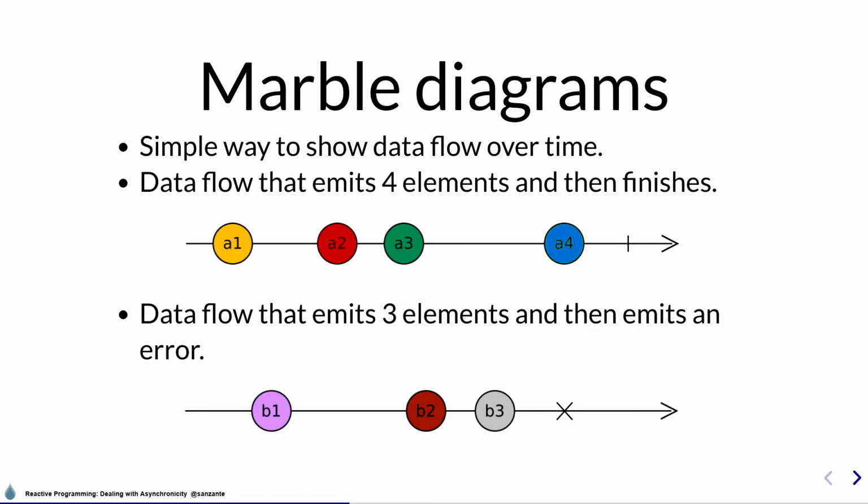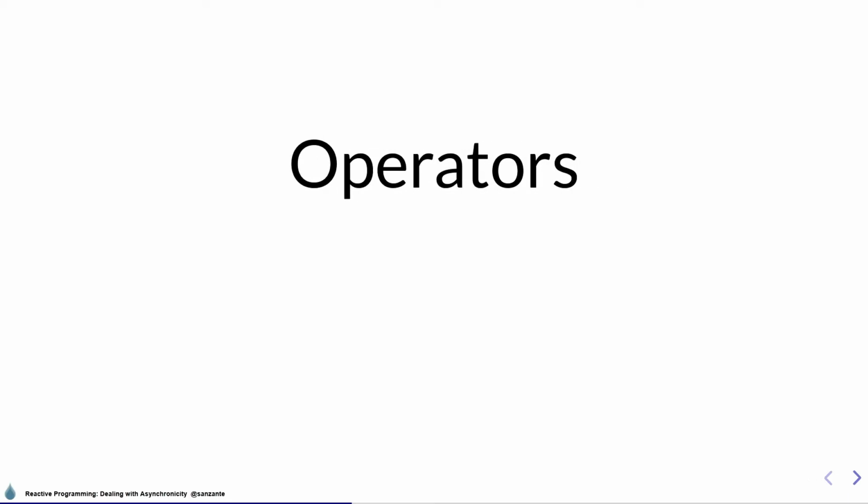These diagrams, as I say, help to understand what they do, especially when you use reactive programming, and when you use the second important piece, the operators. The operators are the items that allow to change streams.